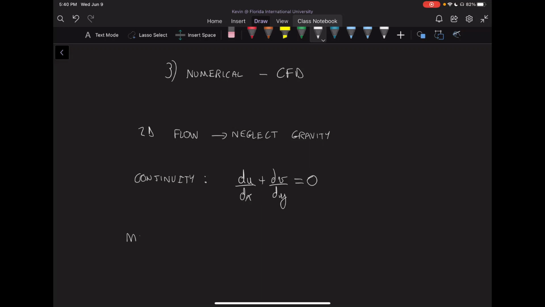And for the momentum, and we're going to call this momentum along the wall, we have the following equation.